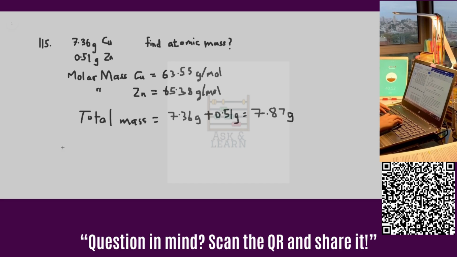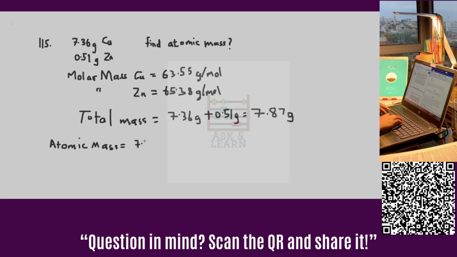Right, so the apparent atomic mass of this sample is just, like I said, taking the respective percentages of these elements, and then multiplying by their respective molar masses and summing that up. So the atomic mass of this sample is: what's the mass of copper we have in this sample?